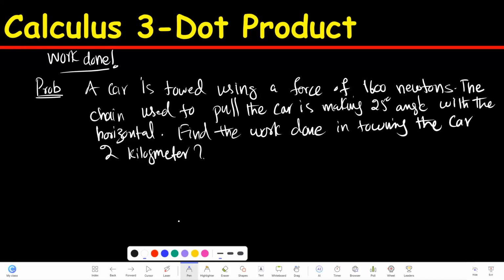Now in this problem, what's going on? We have a car being towed away, and the force applied is 1600 Newton, and maybe the force is going this way. We have a second condition given. The chain used to pull the car is making a 25 degree angle with the horizontal. What does that mean?